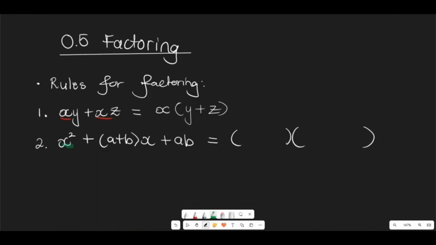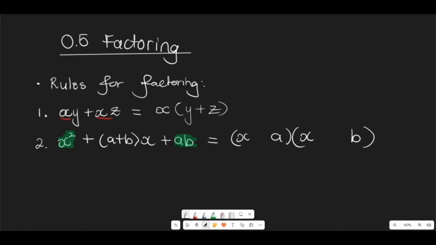And then all we have to do is look at these values over here. So we have our x squared, so I'll distribute my x and my x as well. And then we have a and ab. I'll distribute my a over there, and I'll also distribute my b over there. So how do we get the middle symbols over there? That's pretty simple.